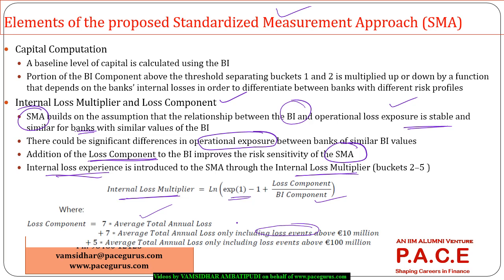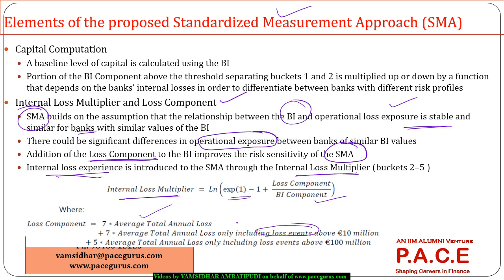So for those events whose losses are above 10 million, there is some more pressure, some more increase in the multiplier. And similarly, 5 times the average total loss only including the loss events above 100 million. So you could see, if the losses are above 100 million, the severity is much higher.